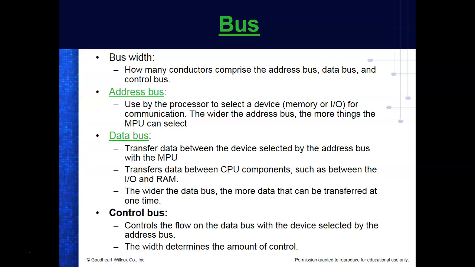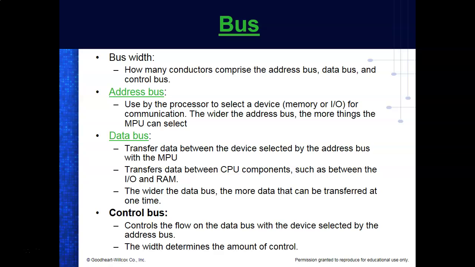You got 32 pins for the address bus. You got 128 pins for the data bus because it does 128 bits per transfer, even though it's only processing 64 bits at a time.